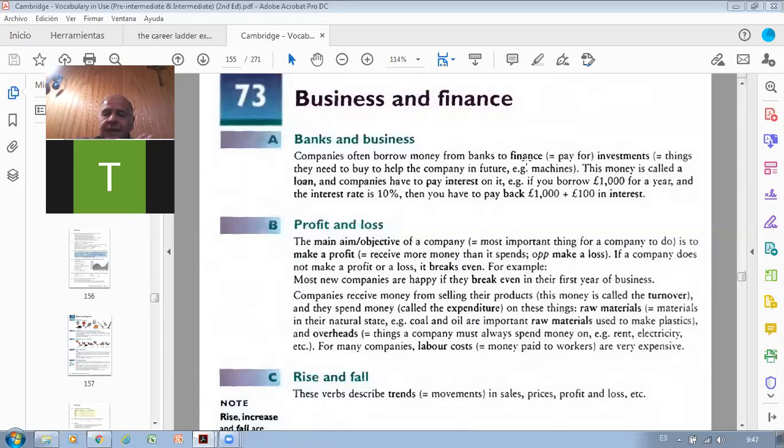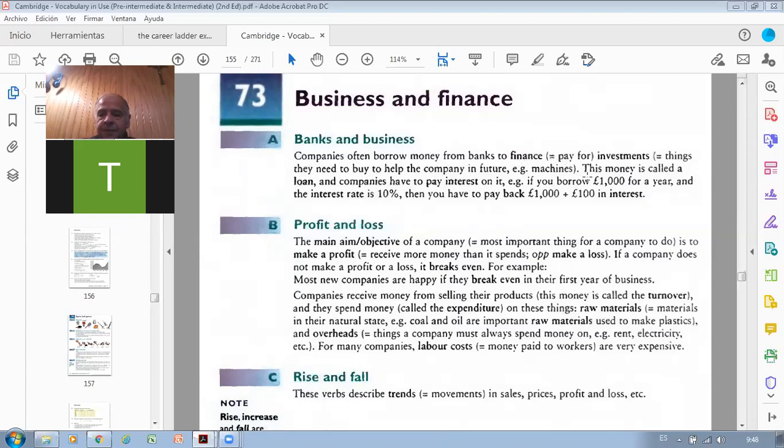That would be invertir. I'm going to say these things in Spanish because it's kind of a complicated thing to understand, even for us in Spanish. Okay, so you have borrow, finance, invest. To invest is invertir, and investments are the money you use in order to buy things. Okay, for example, machines. Okay, continue reading, please, Kimberly.